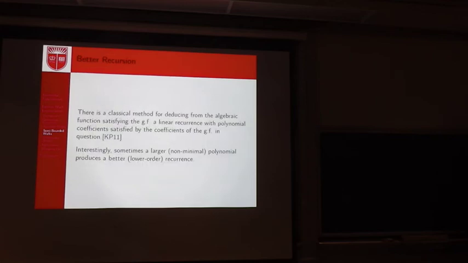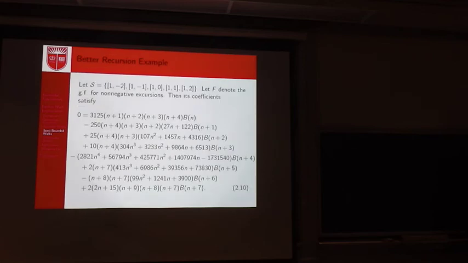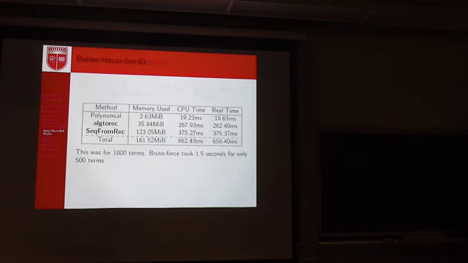And once you combine that with a method of converting the minimal polynomial, well, any algebraic equation, to a recurrence, this is a recurrence satisfied by those coefficients. This will enumerate it faster. So we can beat brute force. We just have to work a little bit harder to get there.